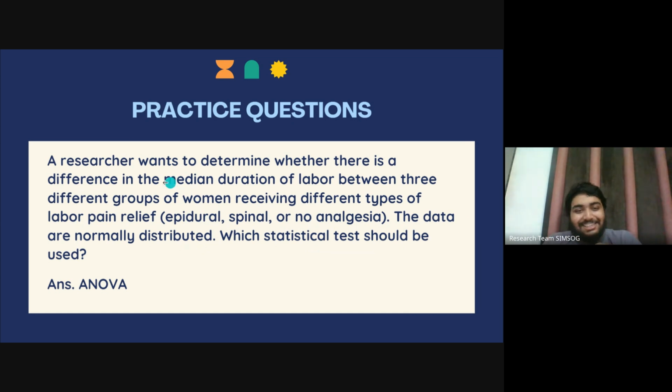Very honestly, the question I initially made was median and not normally distributed, but I thought let's make it easier and forgot to change the word to mean. So mean and normally distributed tells that it is ANOVA. If it is not normally distributed, the answer would have been Kruskal-Wallis.